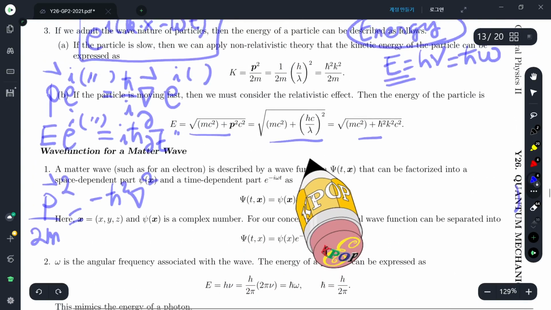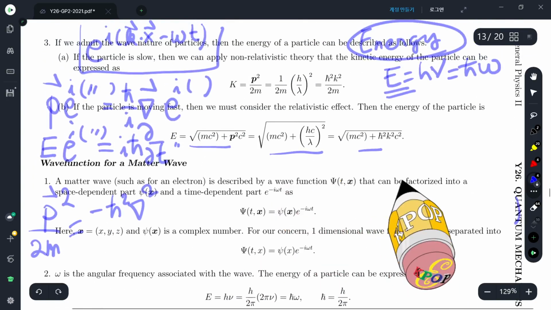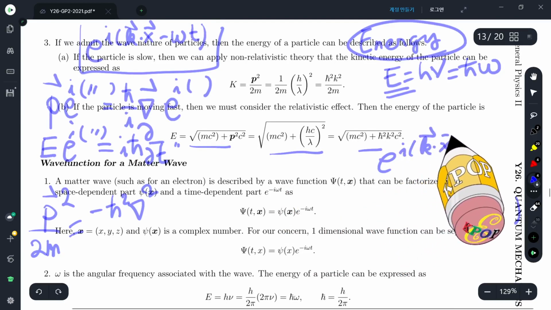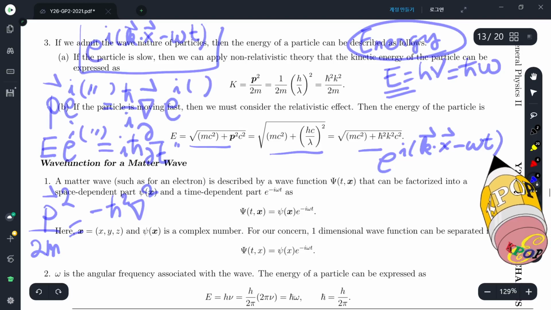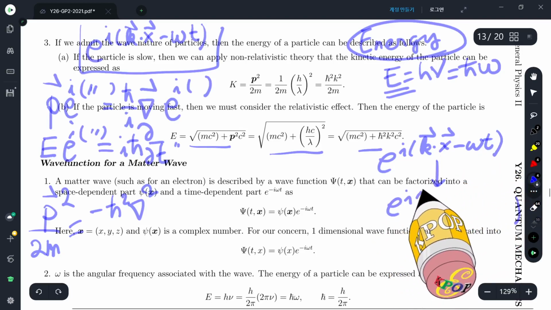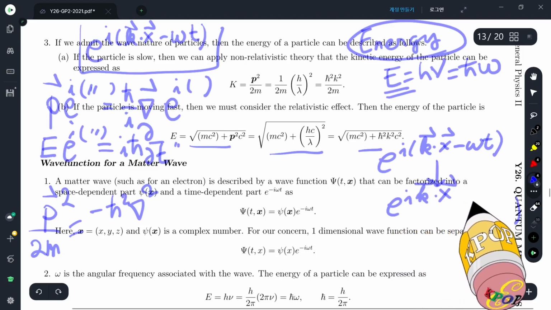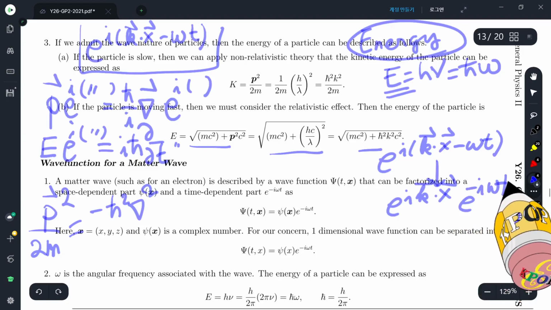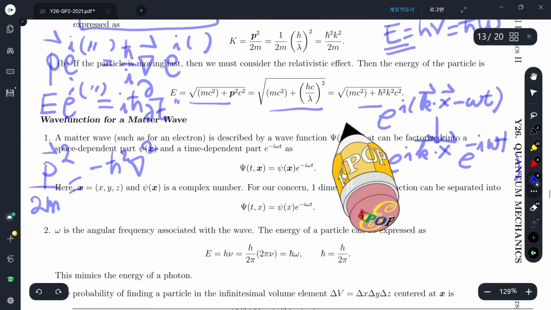Next step, in a plane wave case, we have i(k dot x minus omega t). And this can always be factorized as a k dot x part and a time part, because it's exponential. If it is not factorized, it is very difficult to solve the problem.